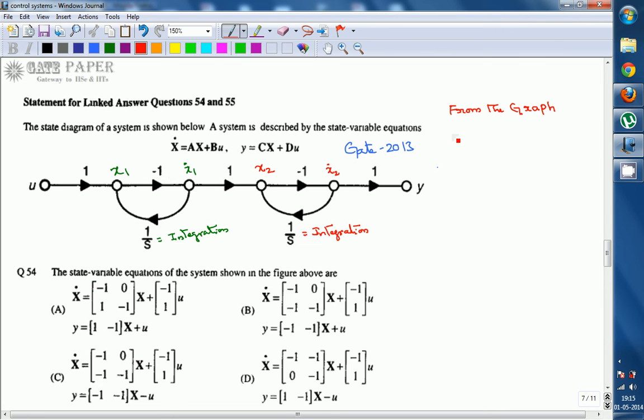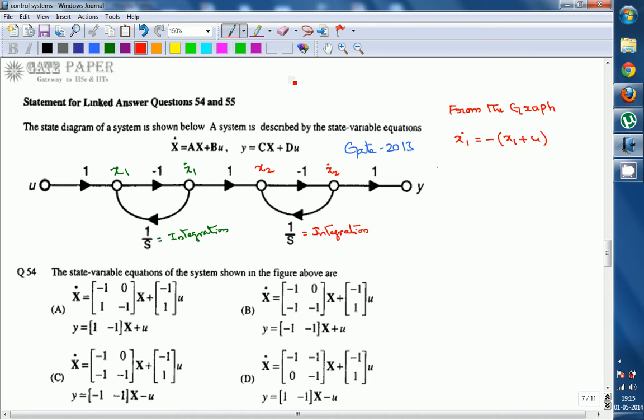So we can write x1 dot equals minus x1 plus u.